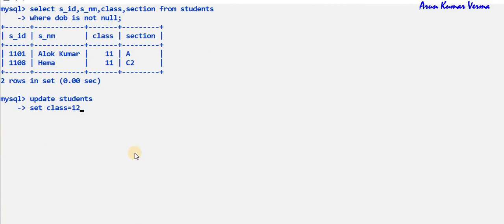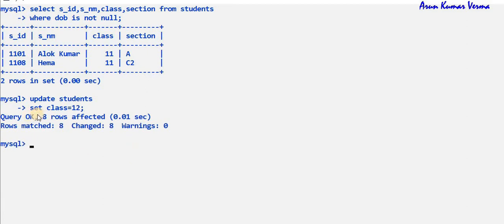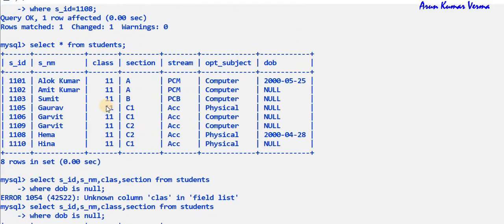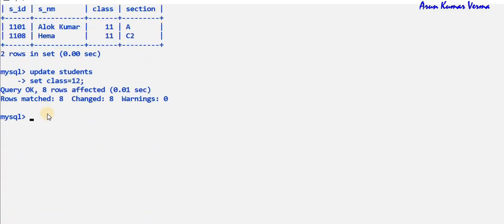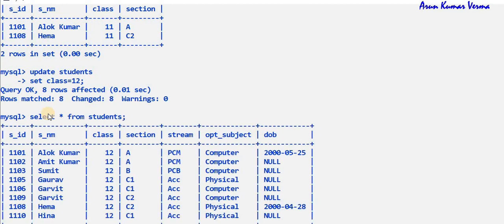Now you can see 8 rows affected because I have the records of 8 students. If you check with select star from students, now you can see.